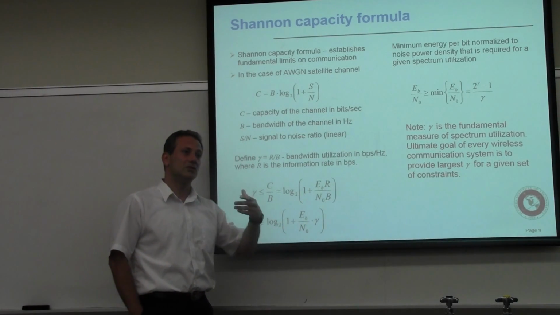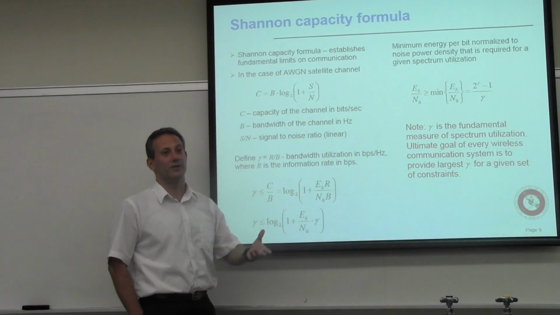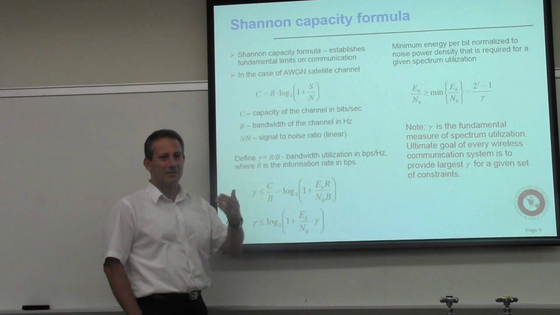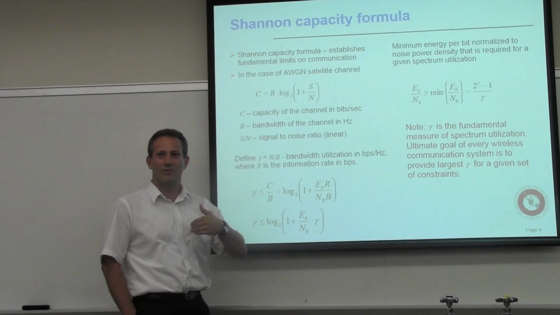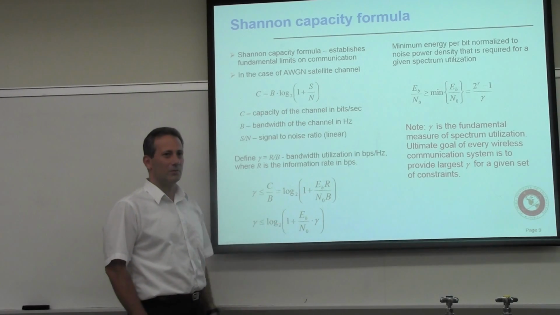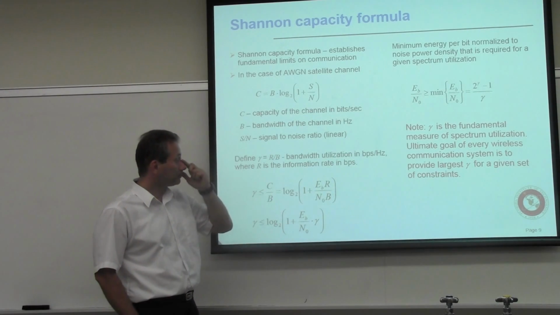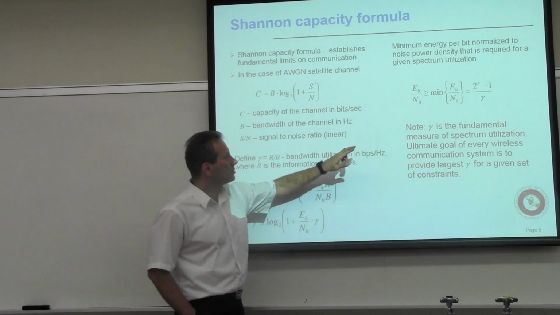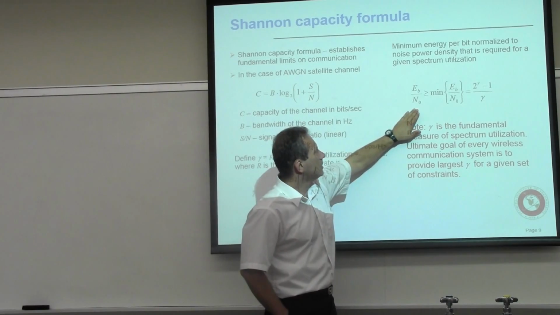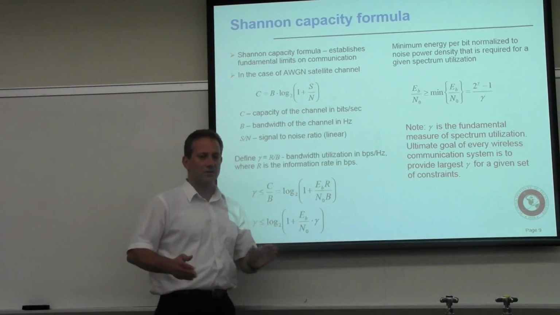What's the difference? N0 is the power spectral density of the noise. NT stands for the total, right? Coming from a cellular background, NT always includes the interference. Here, most of the time it's just N0. Not always, but most of the time. So if you now solve for EB over N0, that gives you 2 to the gamma minus 1 over gamma. So that's just the math, right?